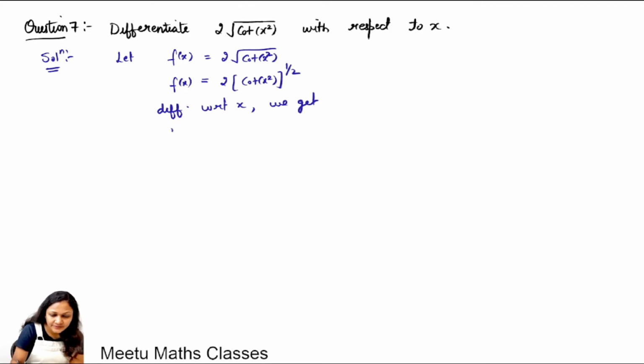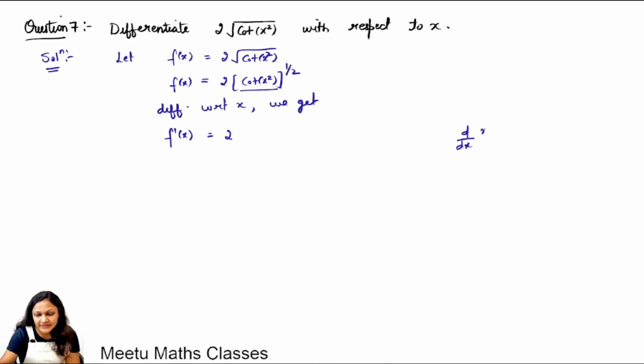We get the derivative of f(x): 2 is your coefficient. The derivative of x raised to power half is half into x raised to power half minus 1, that is 1 upon 2 square root of x.